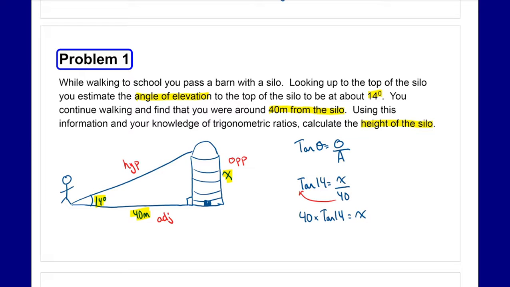This just becomes a one calculation, and we get 9.97 meters is equal to the height. So the math that we're going to be using is the same as what we've looked at before. The biggest thing now is that we have to draw our triangle from the scenario.